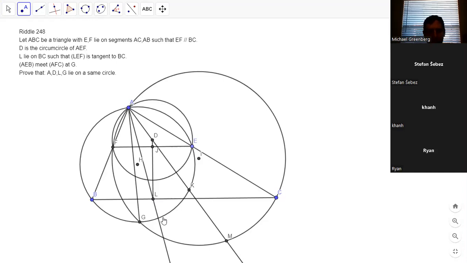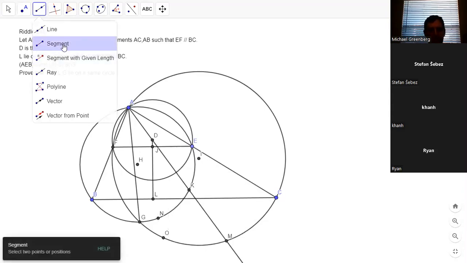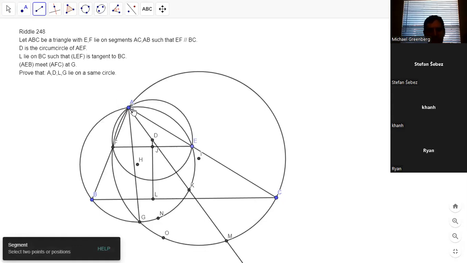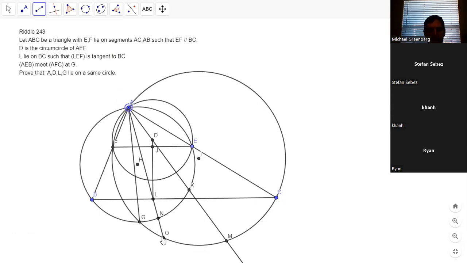And the ratio of the powers of L, oh no, not quite. It would be DK over DM. We want to show that DK over DM is LN over LO. That would be equivalent to the problem. I'm not sure if that's that helpful.